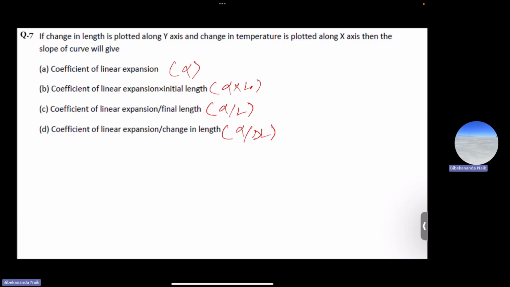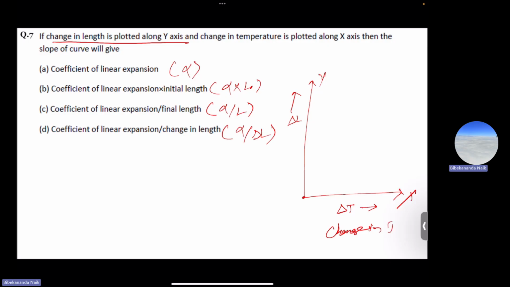Now what is given in the question? Change in length is plotted along y-axis. So this is x, this is y. Change in length, that is delta L, is plotted along y-axis. This is the origin, and change in temperature, delta T, is plotted along x-axis.